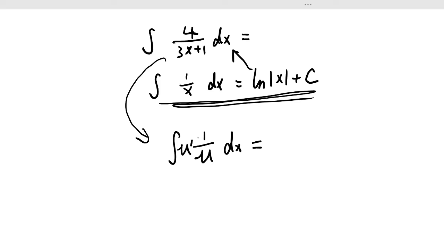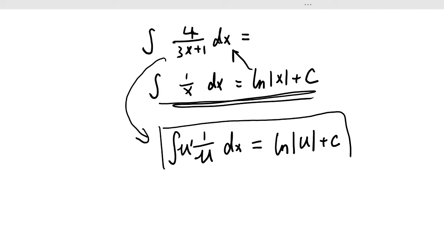If this happens, now we can solve it right away. That's going to be ln absolute value of u plus c. Now I basically give you a new formula right here. Whenever we have a denominator u and we get a u prime, we are able to solve it right away by using ln.